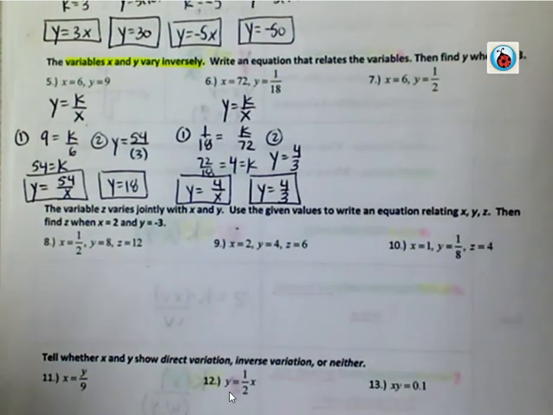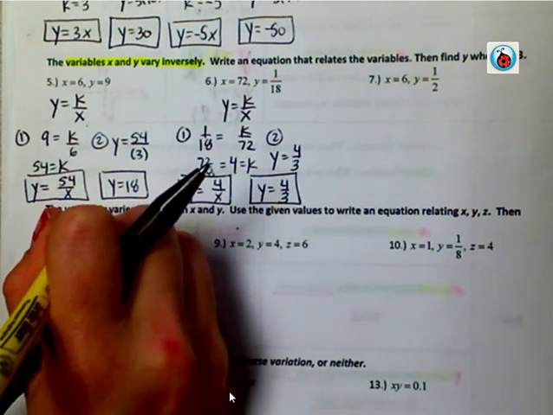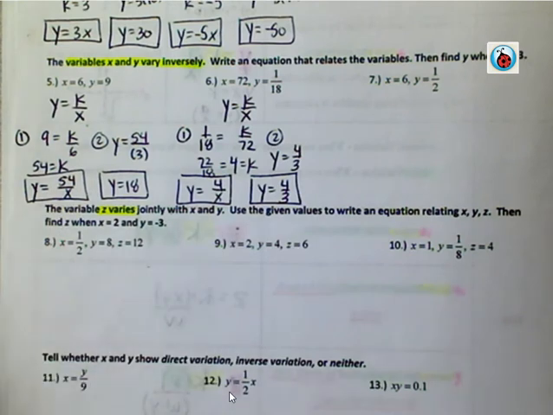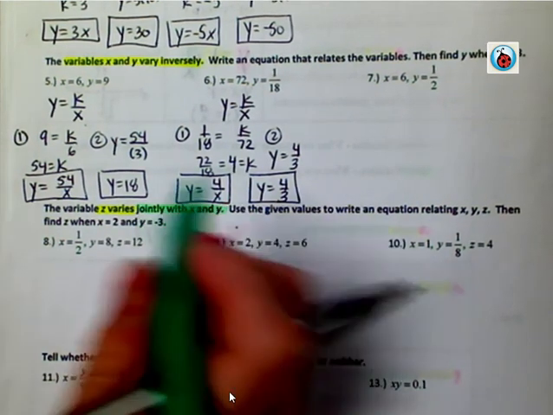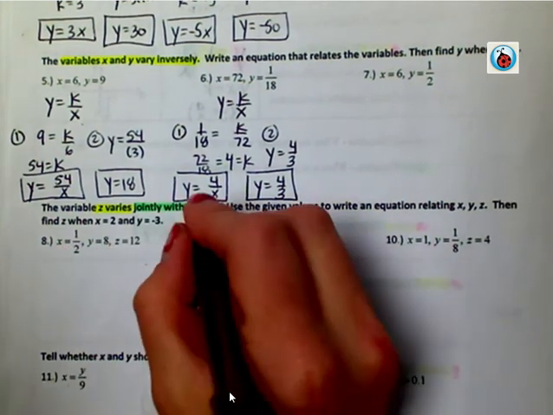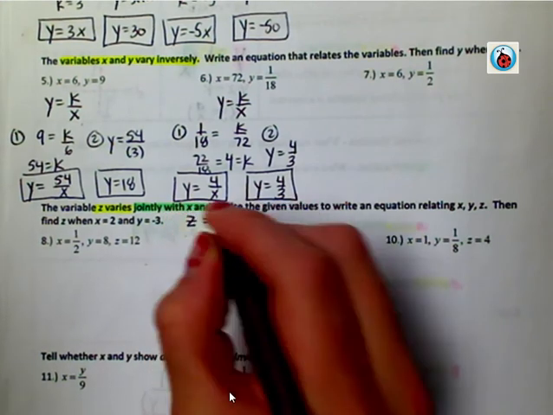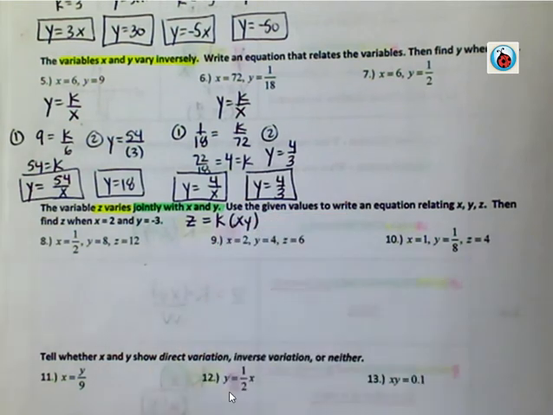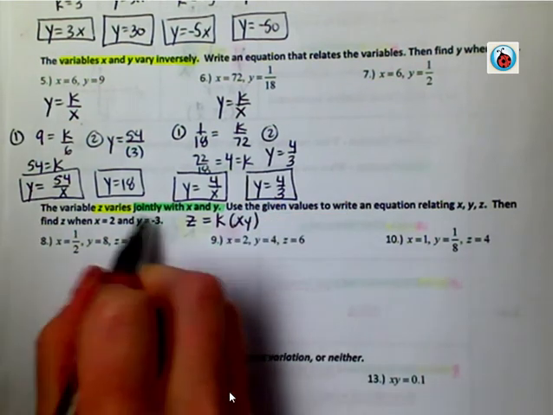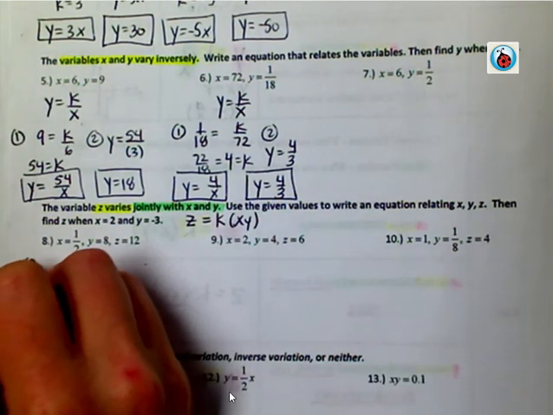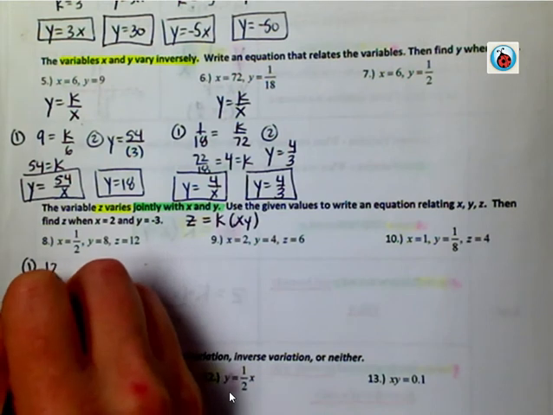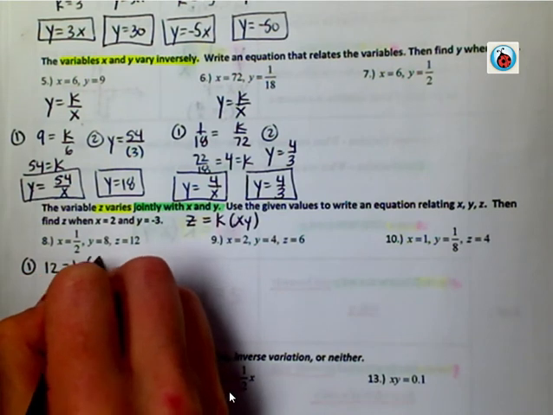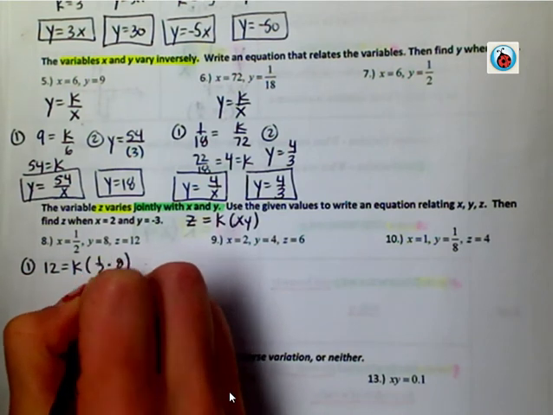Okay, z varies jointly with x and y. This time, z varies jointly with x and y. So the order does matter. Z varies jointly with x and y. Okay, write an equation. Z is 12 when x is 1/2 and y is 8.